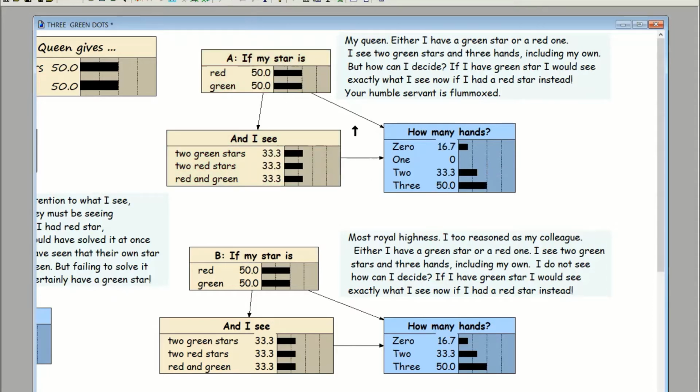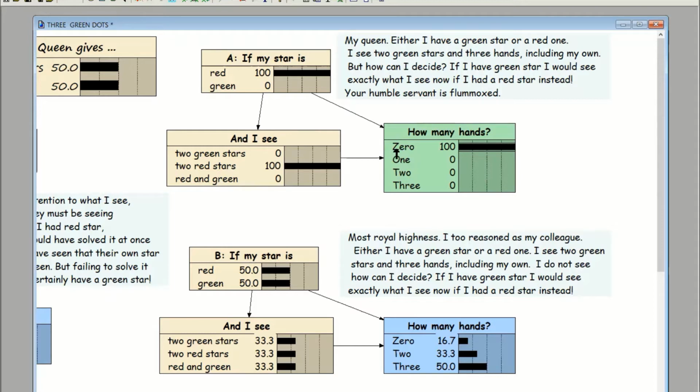And the idea is that when he opens his eyes, he's going to enter the observation. And the observation is going to be how many hands he sees and what he sees over here. And the idea is that this will go backward and infer back to what the possibilities are. Now, if he saw 0 hands, it'd be easy.